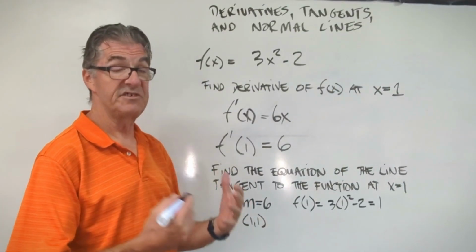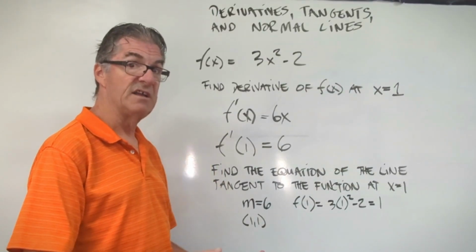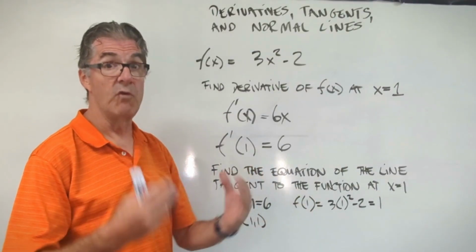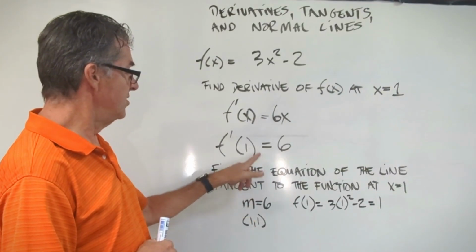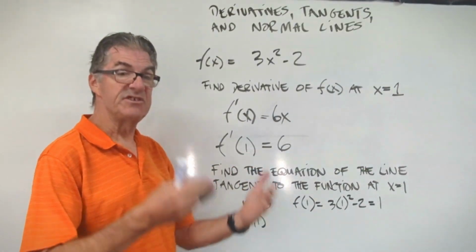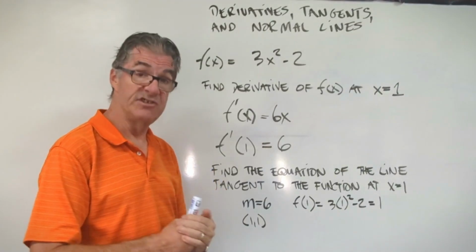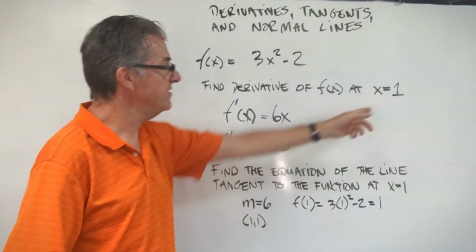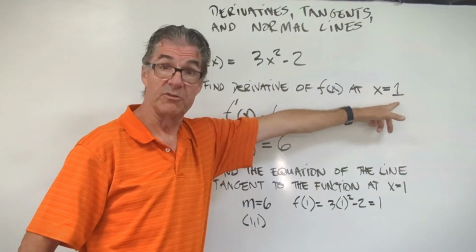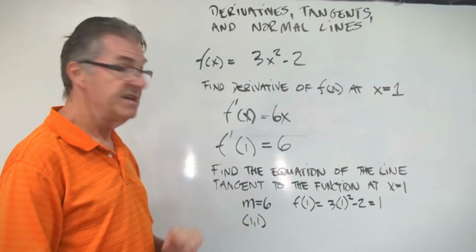Okay, completing this step does require that you dig back a little bit into the particulars of what makes equations of lines. We already have our slope. Remember, the derivative is the slope at the tangent point. So this step gave us the slope of the tangent line at the point where x equals 1. So that's our m equals 6.